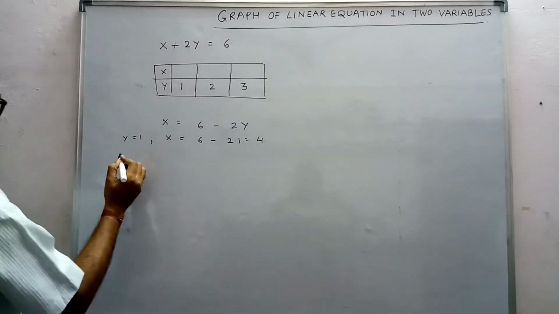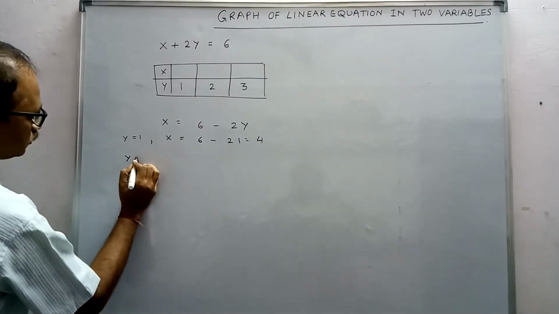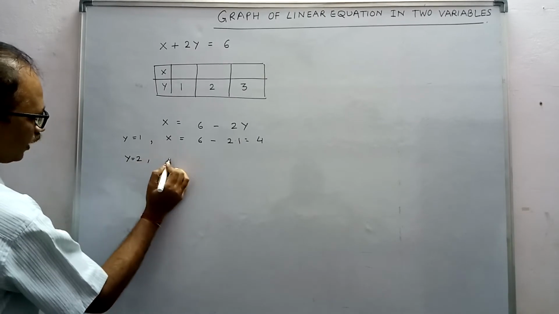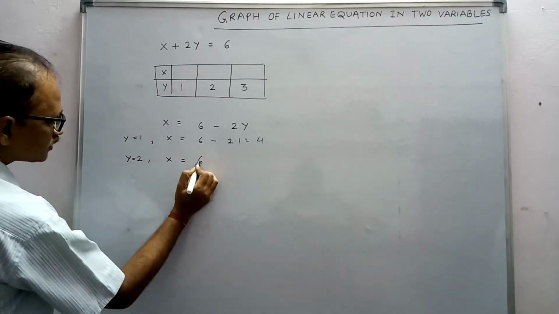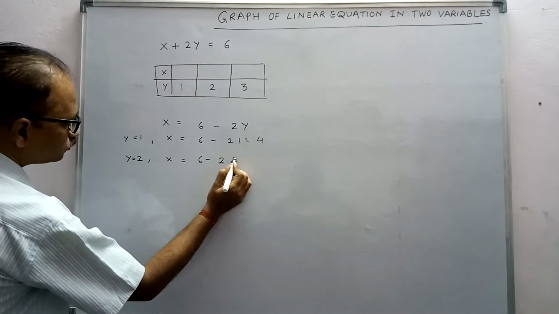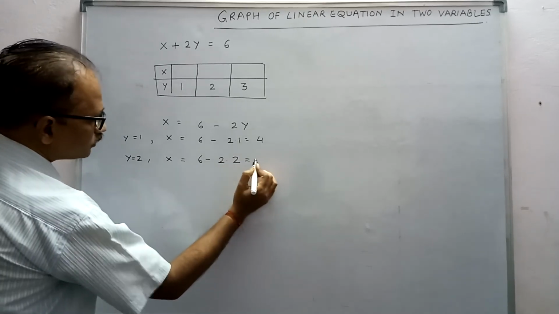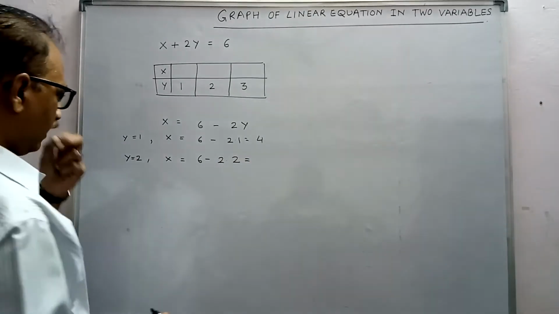Now you take y is equal to 2. So x is equal to 6 minus 2 into 2, that is equal to 6 minus 4, and that gives you 2.